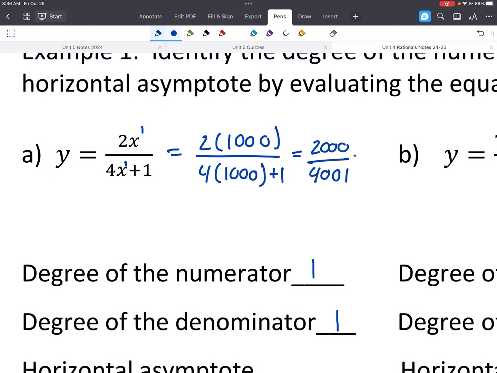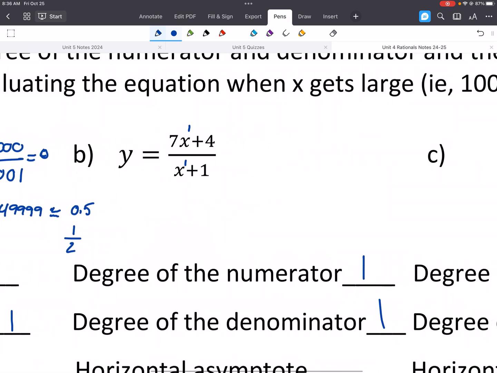Putting that into our calculator, we get 0.49999, which is approximately 0.5. Keep that in mind. That's the same as 1/2. Let's try the next one, and then we're going to compare and see how these numbers show up in the graph.